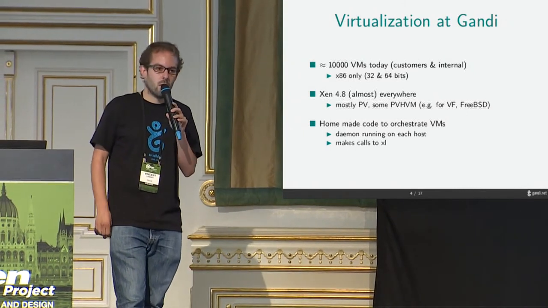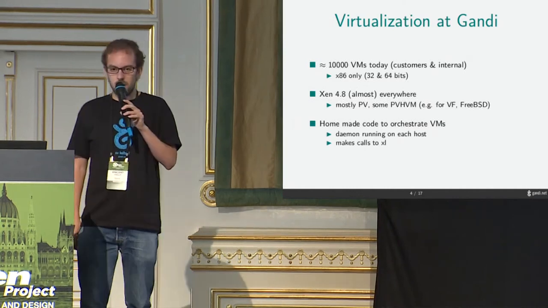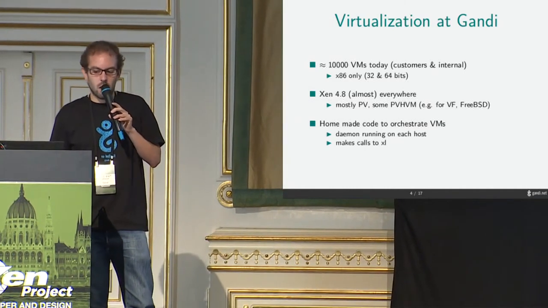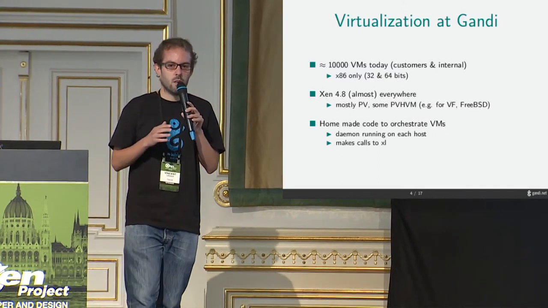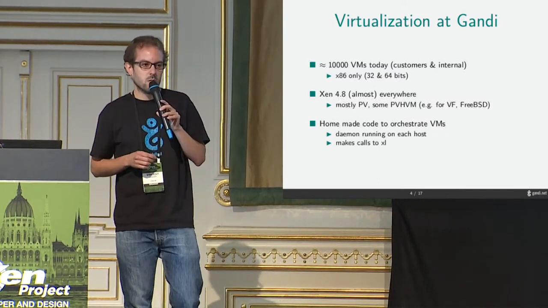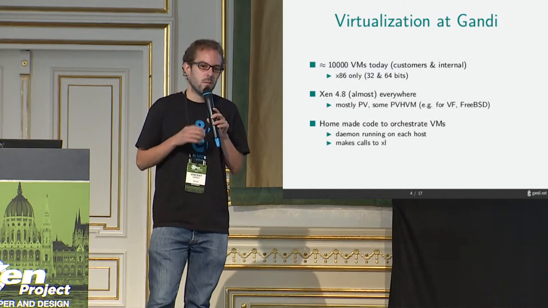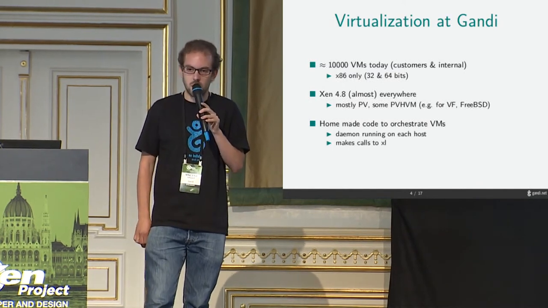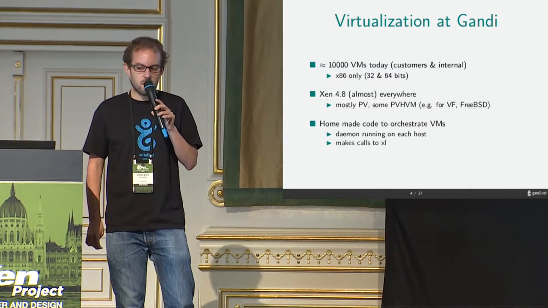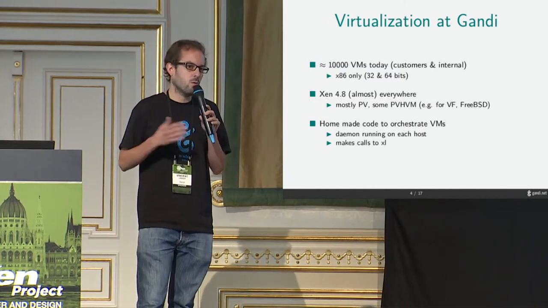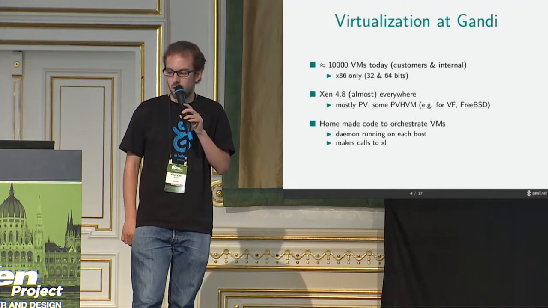We have both 32 and 64 bit guests, but we are trying to transition to only 64-bit VMs. Right now, if you want to create a VM, it has to be 64 bits, but you can still boot 32 bit kernels, but you won't be able to do so in the next few months.